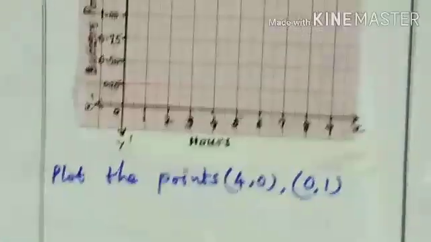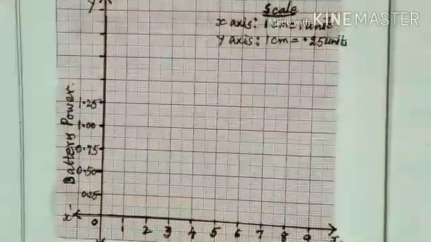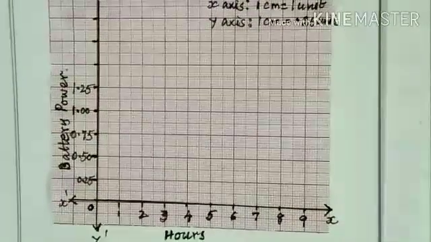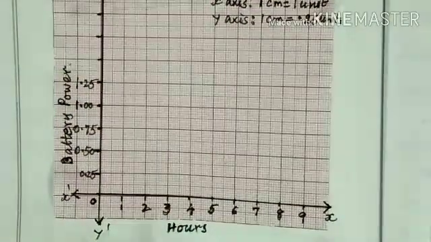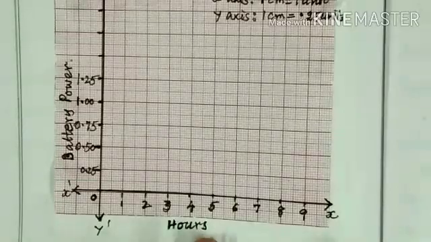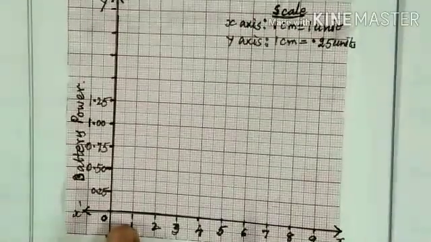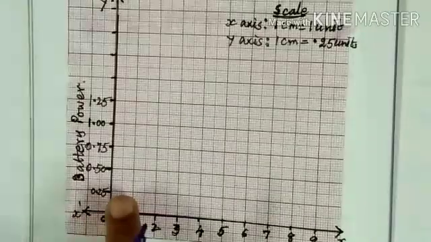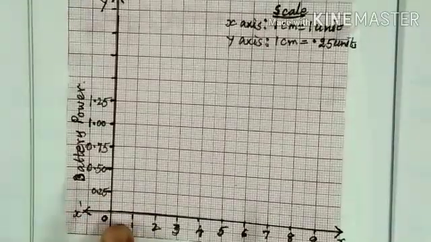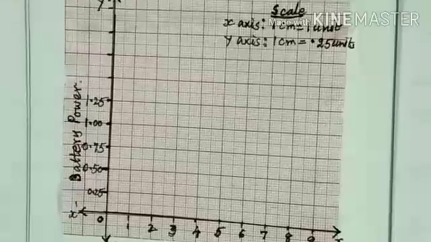See, in this graph, x denotes time in hours, that is used time in hours. Then y denotes battery power in percentage.